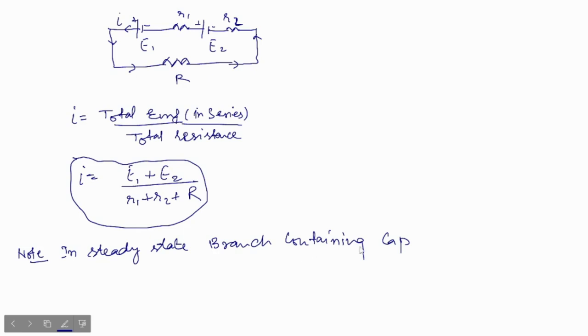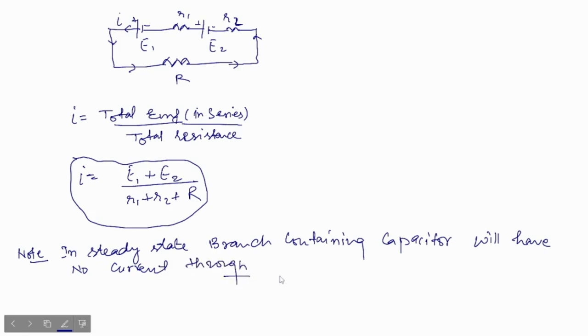In a steady state, a branch containing a capacitor will have no current through it.